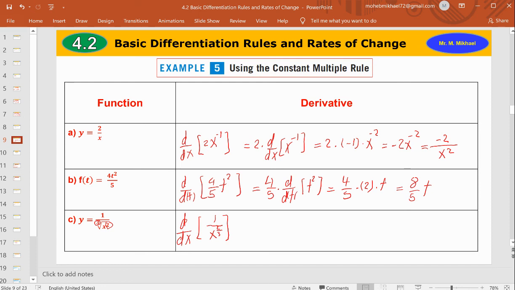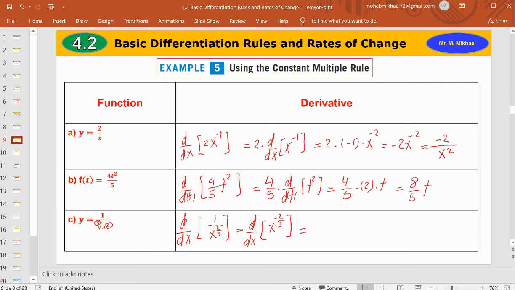Still annoying. This is equivalent to the derivative of the following. I want to get it up. In order to get this exponent from the bottom to the top, you change the sign of the power, so you make it x to the power -2 over 3. Now I can get the derivative of this function.